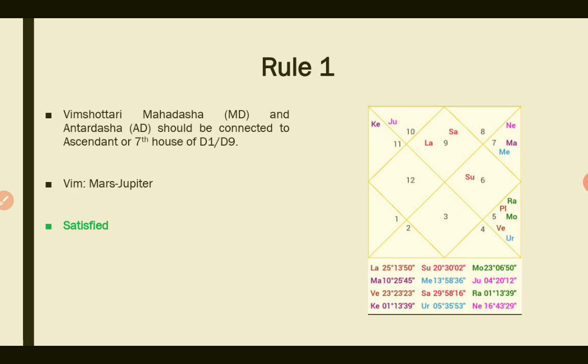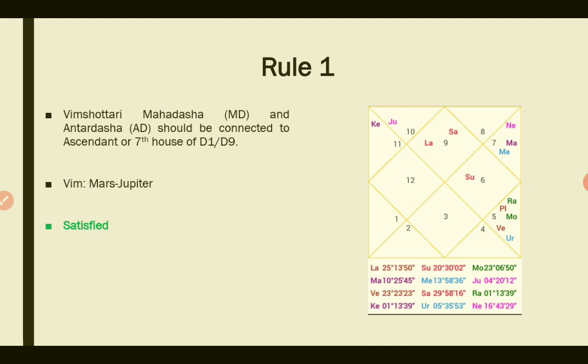You might be aware of the Vimshottari Dasha, which is the most frequently used Dasha system in Vedic astrology. For this native, the Vimshottari Dasha running during his marriage was Mars Jupiter. So we need to see that both Mars and Jupiter should be connected to either the ascendant or the 7th house of either D1 or D9.